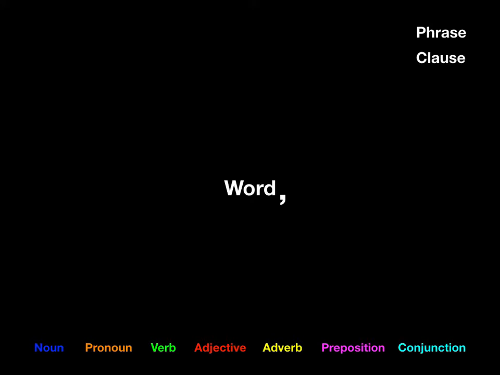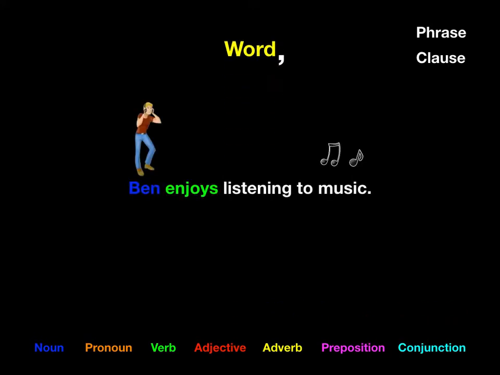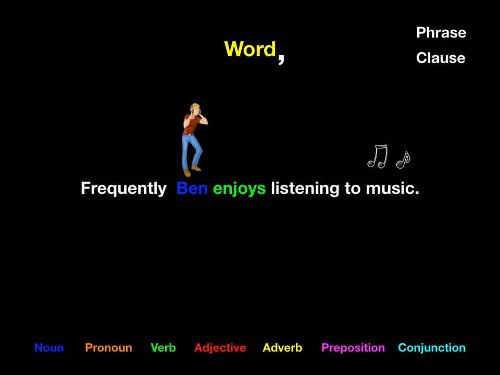Generally, when we have a single word as an introductory element, that word will be an adverb. In order to examine words as introductory elements, let's return to our example sentence. For this sentence, we can add a word to the beginning, such as frequently.